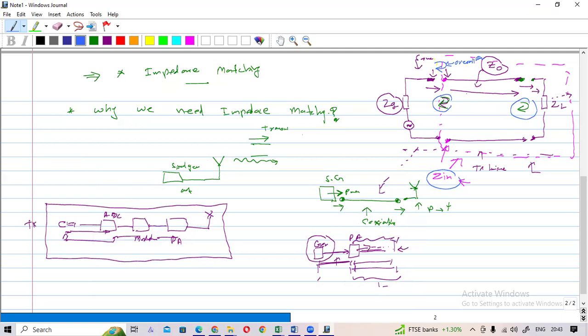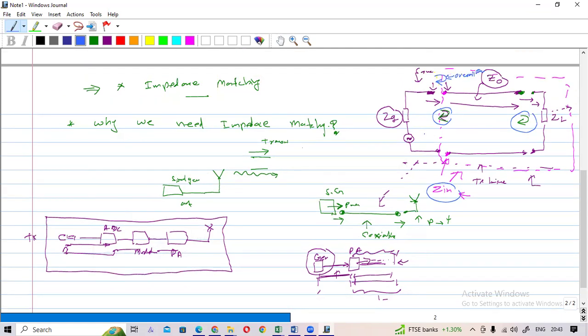We are not going to talk about those things, but some basic things we should see. Now we are doing impedance matching to reduce this reflection. So why do we need impedance matching?